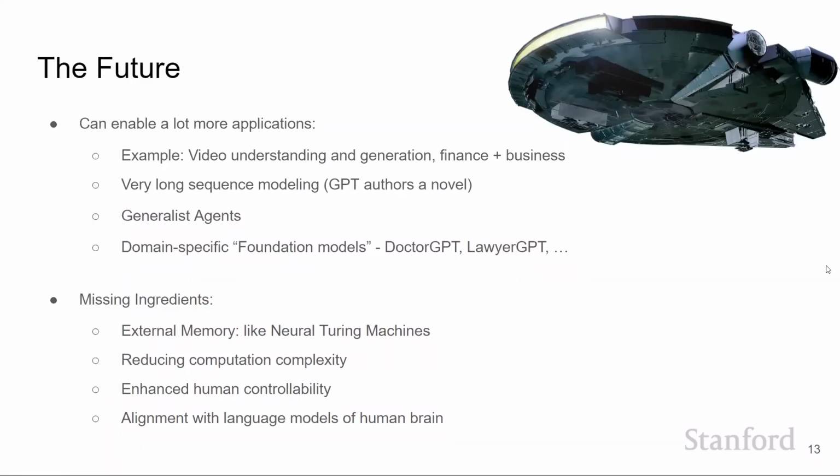Second is reducing the computational complexity. The attention mechanism is quadratic over the sequence length, which is slow, and we want to reduce that or make it faster. Another thing we want to do is enhance the controllability of these models. A lot of these models can be stochastic, and we want to be able to control what sort of outputs we get from them. You might have experienced with ChatGPT that if you just refresh, you get a different output each time, but you might want a mechanism that controls what sort of things you get.